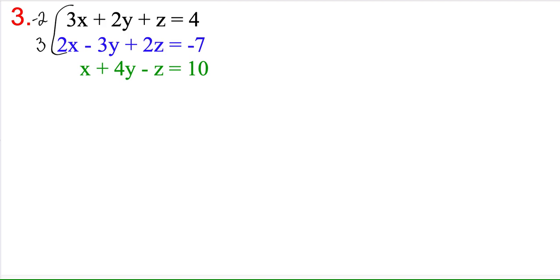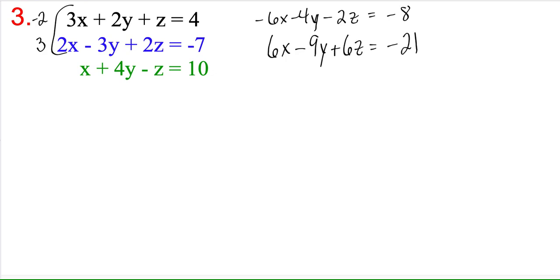Okay? So -6x minus 4y minus 2z equals -8. That's the top equation. I'll do my next equation, 6x minus 9y plus 6z equals -21.